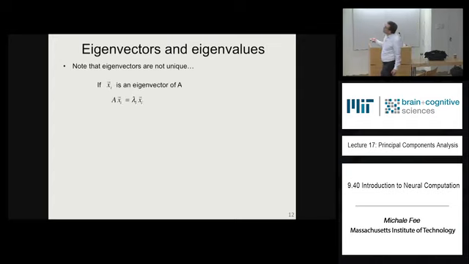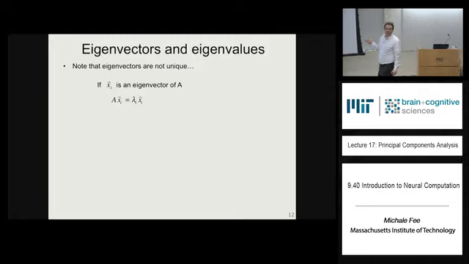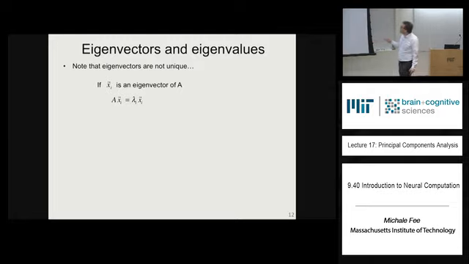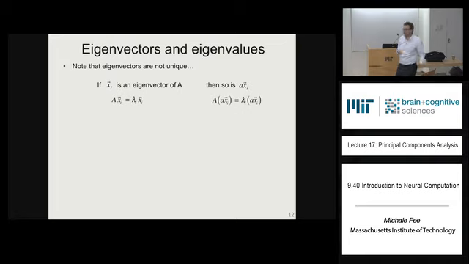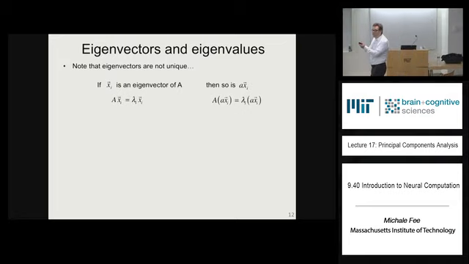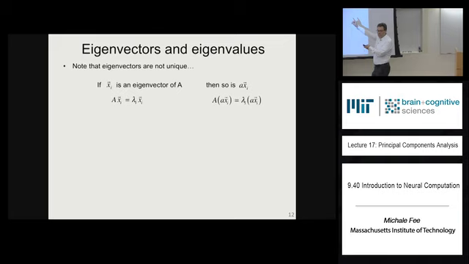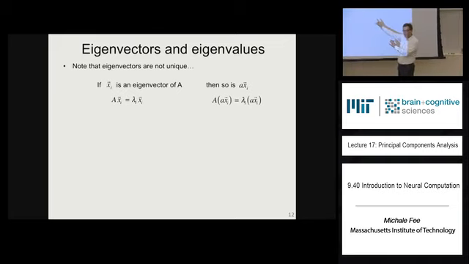Okay, so eigenvectors are not unique. If x is an eigenvector of A, then any scaled version of x is also an eigenvector, right? Remember, an eigenvector is a vector that when you multiply it by a matrix, just gets stretched and not rotated.